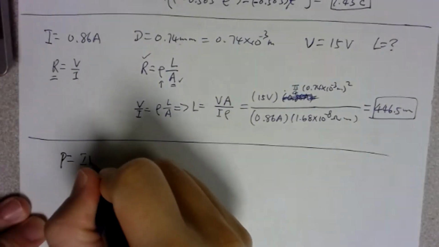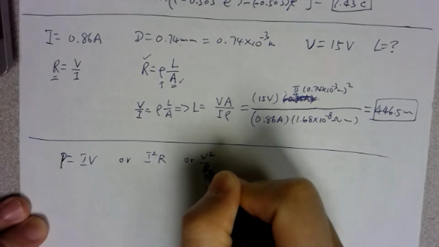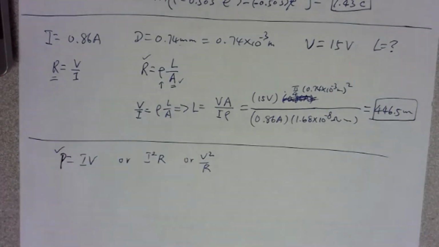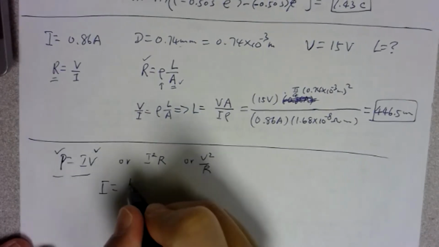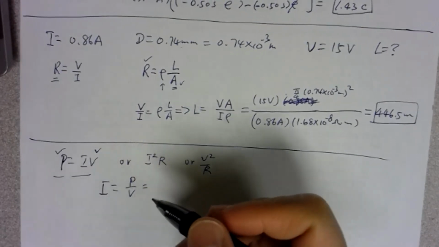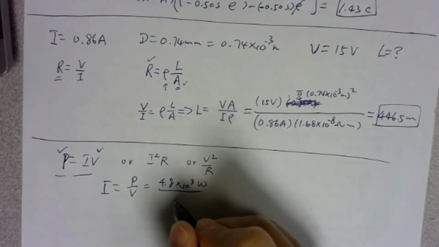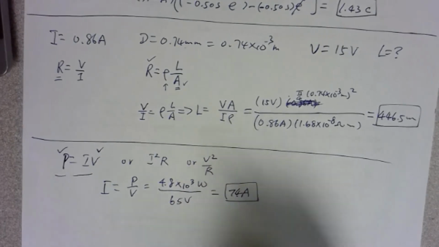Power equals I times V, or I squared R, or V squared over R. It gives us the power and the voltage, and we are looking for I. So I equals power over V. That's 4.8 times 10 to the third divided by 65 volts. That gives you 74 amps.